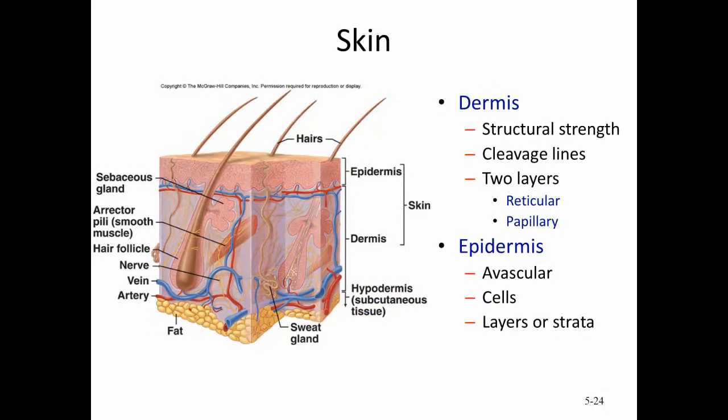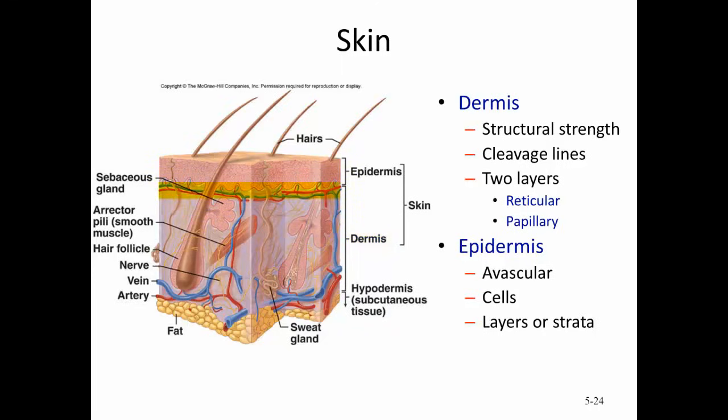Now looking at the skin, again going from the bottom up, we have the dermis. Dermis sits on top of the hypodermis. That gives us structural strength. It gives us cleavage lines. Again, if you remember, cleavage lines are kind of the direction that the elastic and collagen fibers are going in. And there's two layers.